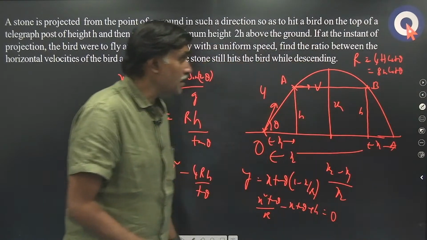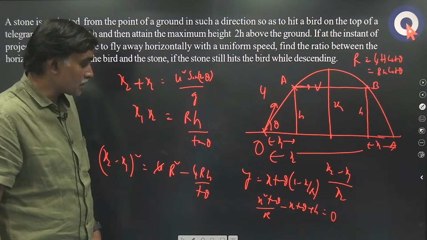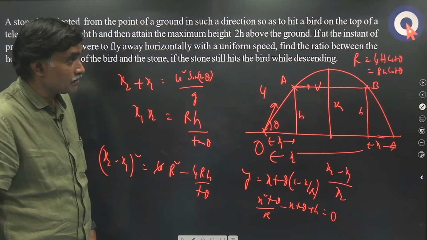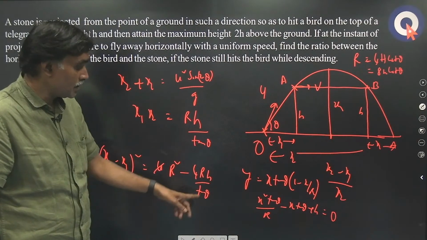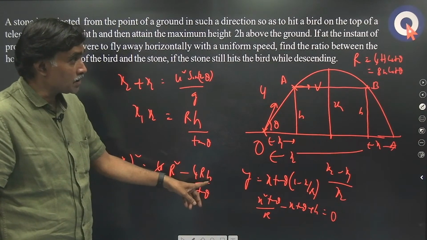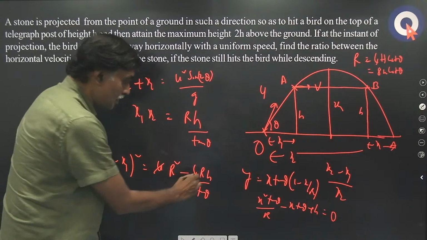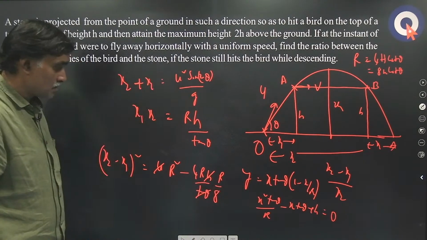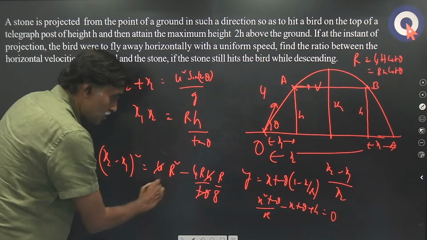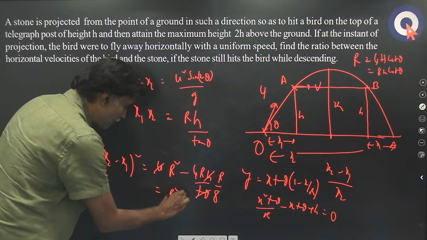So what is small h? R by 8 cot theta. So small h cot theta, if I take tan theta to the numerator, is equal to R by 8. So you can replace this with R by 8. So R square by 2 I will get.